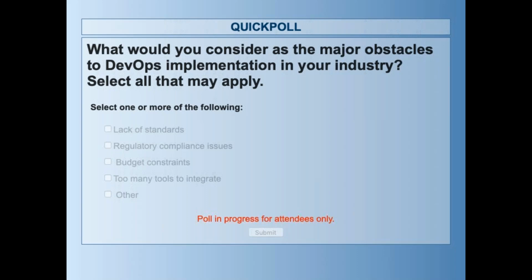Lack of standards, regulatory compliance issues, budget constraints, too many tools to integrate, or that ubiquitous other. So go ahead and make your choices there. And we'll give you guys a couple more seconds. Yeah, everybody loves other because it's like blaming something else entirely. All right.